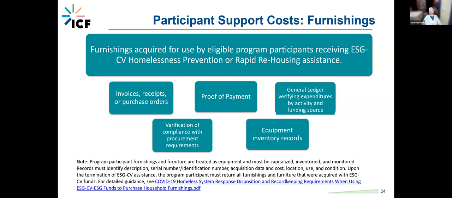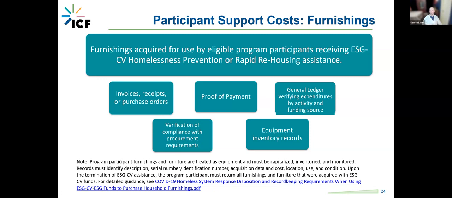Records have to identify the description of the item, its serial number or identification number, its acquisition date and cost, location, use, and condition, which sounds like a lot, but really what we're talking about is sofa, this color and length, ID number X, which we stamped on the bottom, which we bought on this date for this amount, and it's currently in HMIS ID participant number XYZ, or 123, I suppose. Use is a couch, right? Or bed frame used for bed.